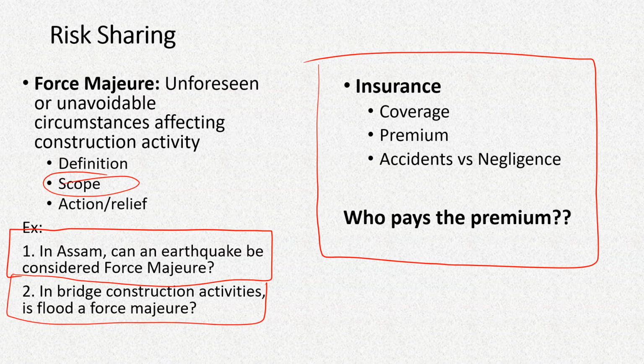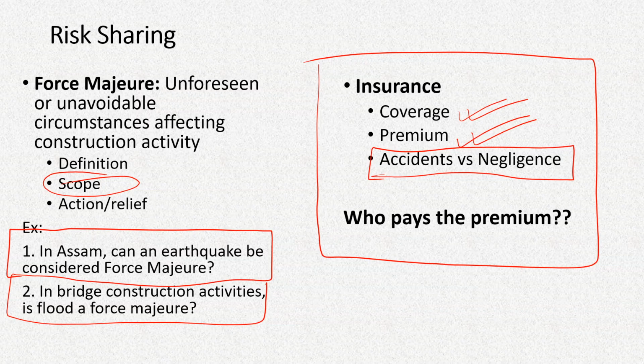Again, the coverage includes the scope, what kind of damages or what kind of incidents are covered under insurance, how much should be the premium, and how much should be the coverage. Again, accidents versus negligence. If something goes wrong, the insurance company will also want to check whether this incident has happened because of unavoidable circumstances or because of negligence of some persons.